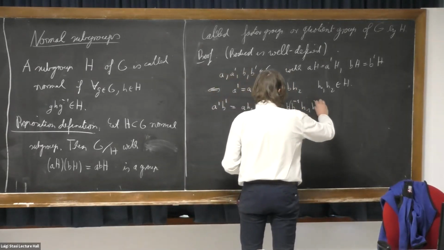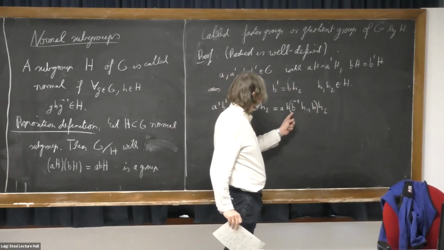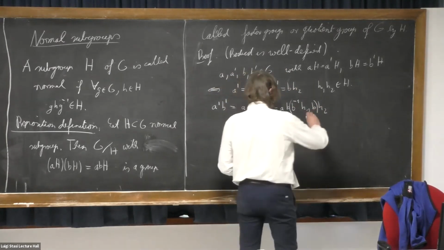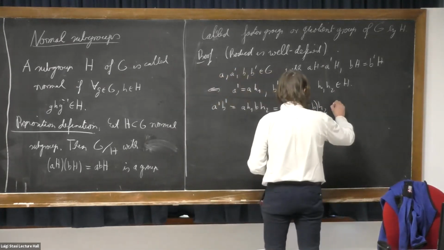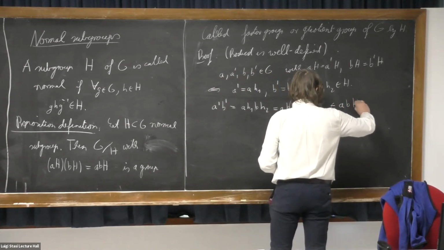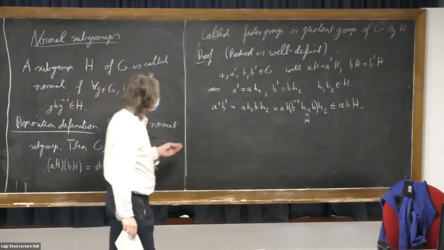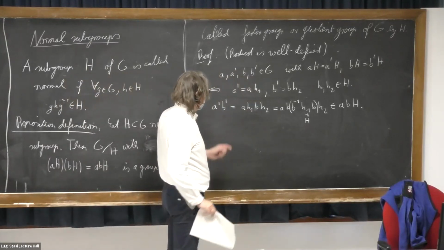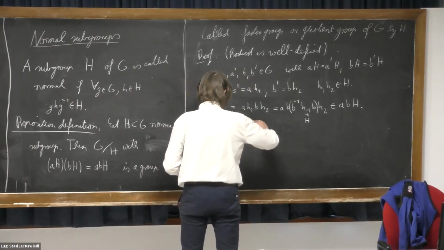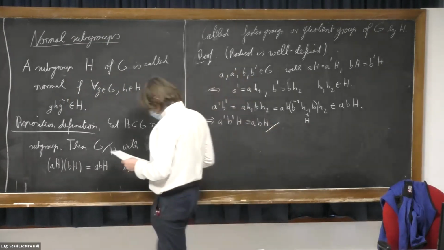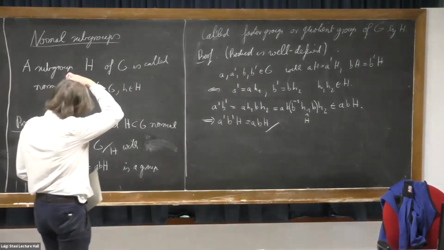Since h1 is an element of H and H is normal, b to the minus 1 h1 b is an element of H, and h2 is an element of H as well. So this means a'b' is in abH, so a'b'H is equal to abH. And so it's very cool.